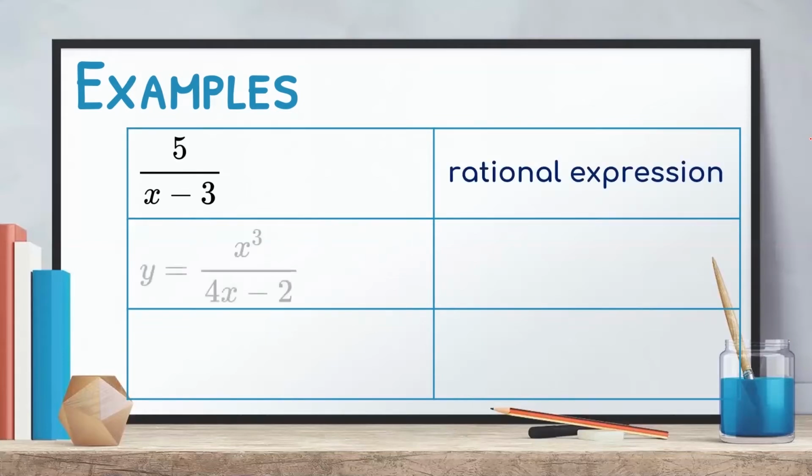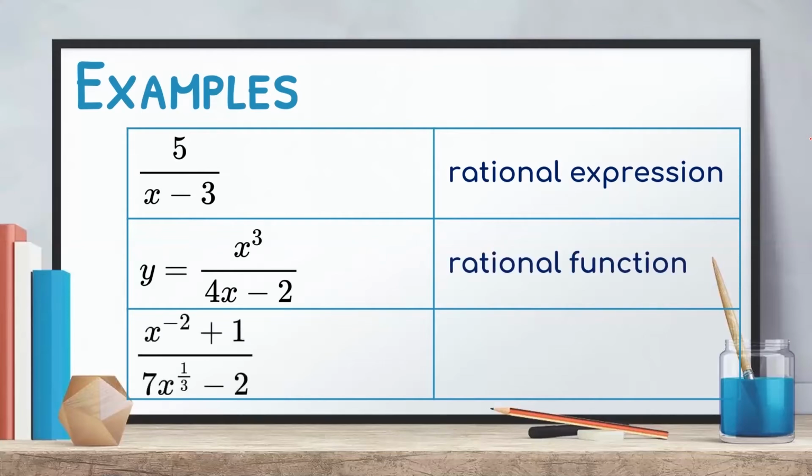How about the second one? y equals x cubed over 4x minus 2. Notice that there is a rational expression and it is equated to y. Therefore, this is a rational function.